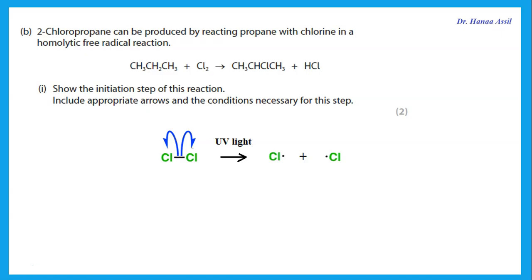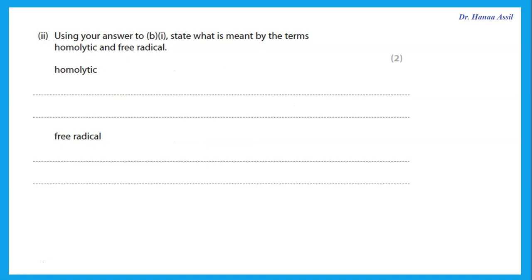These blue arrows are half arrows with half a head, to indicate that just one electron goes to that chlorine and one electron goes to the other chlorine. Of course, this happens in the presence of UV light, and the species that are formed are called free radicals. So this results in the formation of 2 chlorine free radicals.